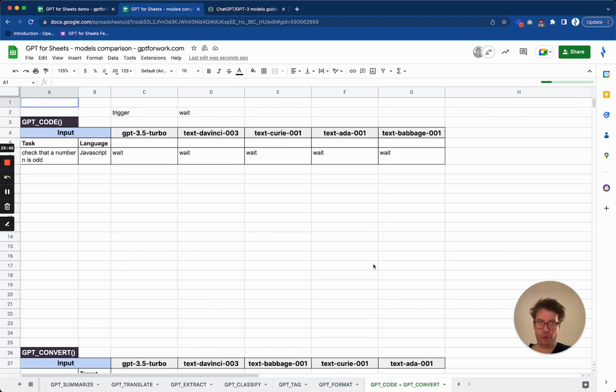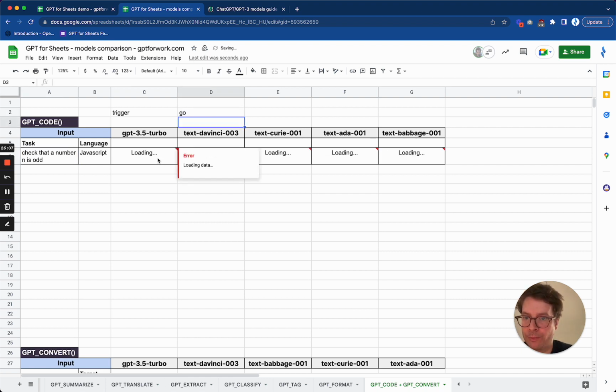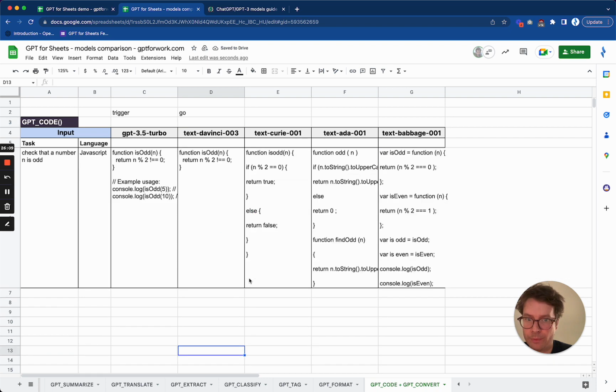Okay, and two last examples. So first, a coding task. Even though that's not really maybe the most frequent task you'll do in a spreadsheet, I still think it's interesting. So here the task is to check whether a number n is odd or not. So let's go. Okay, so ChatGPT gave a function that works and also provided some documentation for it with some examples, some tests.